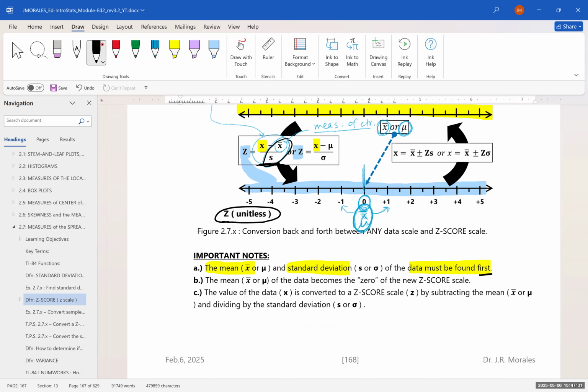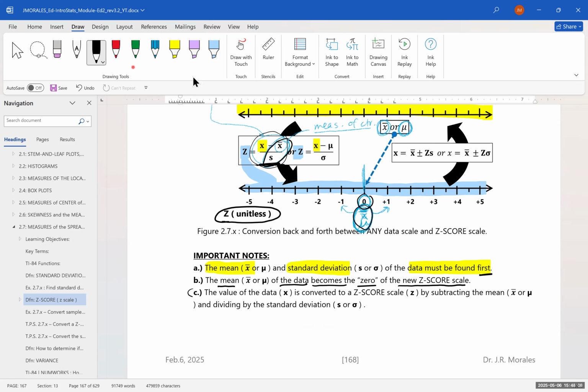The part that I just mentioned is that the mean of the data becomes the 0 of the new z-score scale. Okay, that's what I was talking about up here. Part C is I'm just kind of verbally describing the right-hand side of this expression. So I don't think I need to comment on that at the minute.